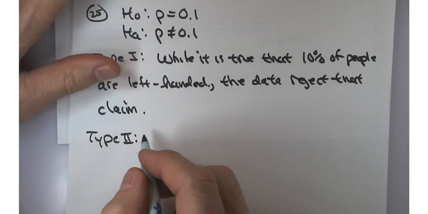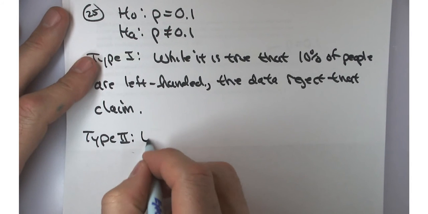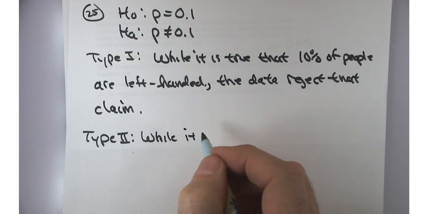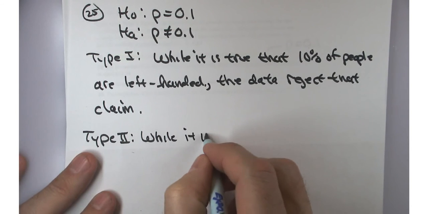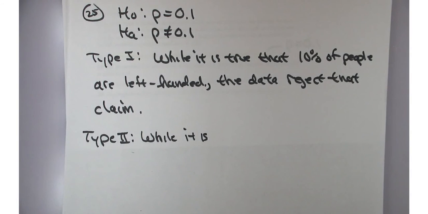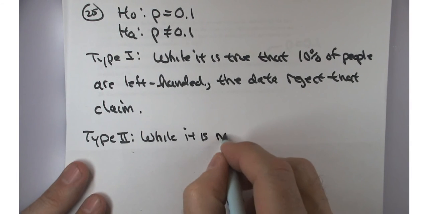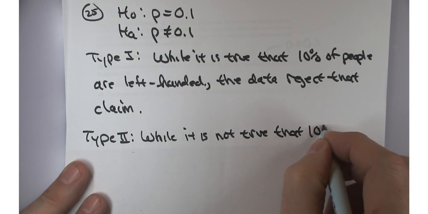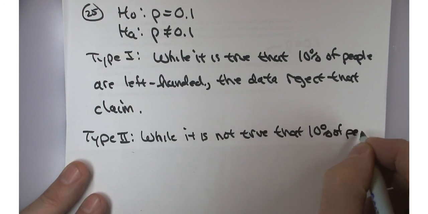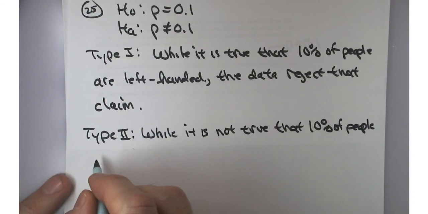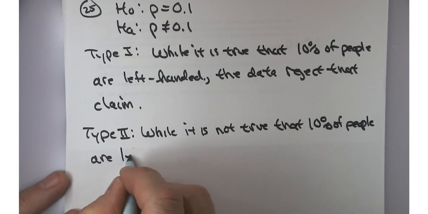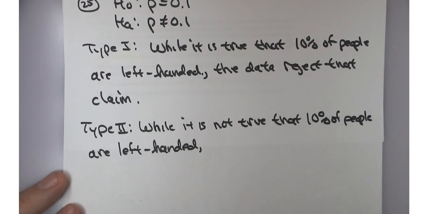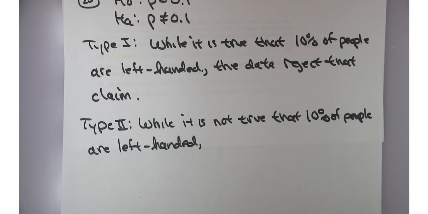So here's an example of what you can say. While it's not true that 10% of people are left-handed, so again, you're stating the condition of H naught.